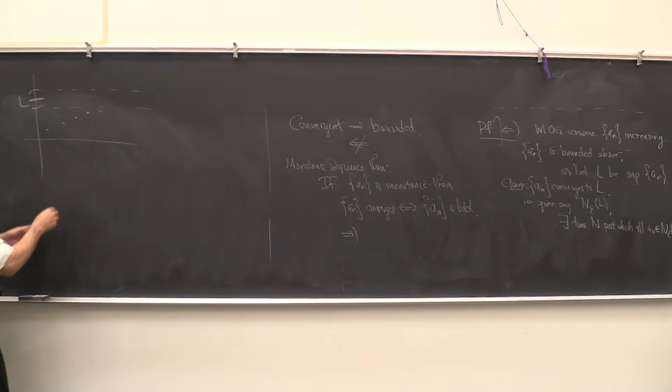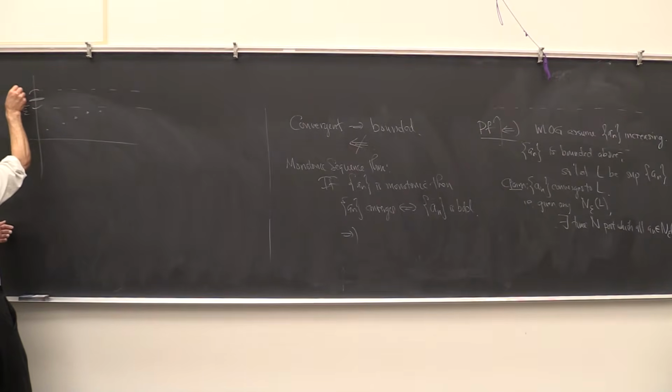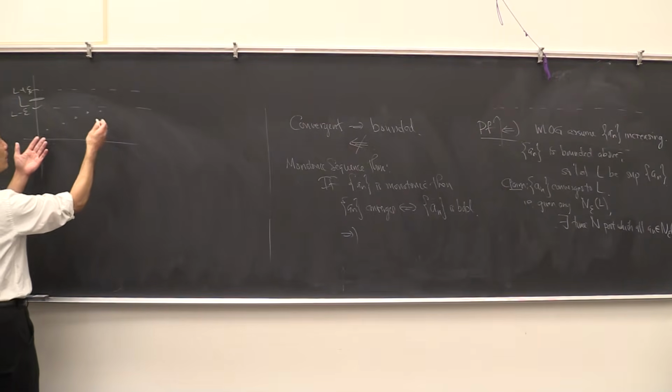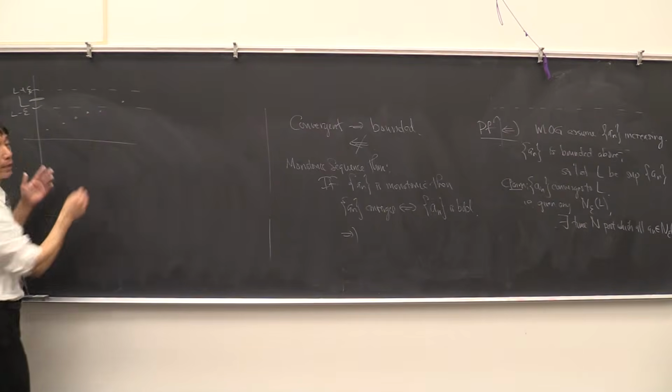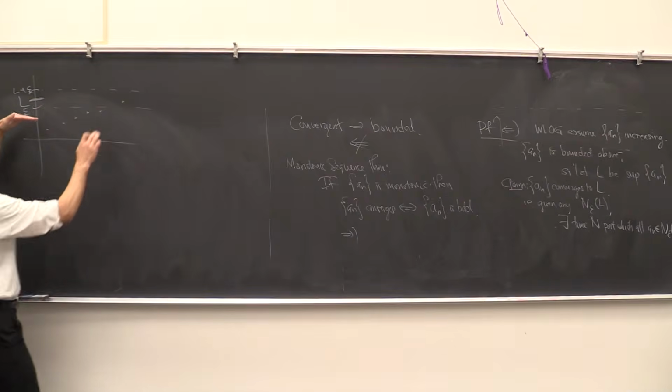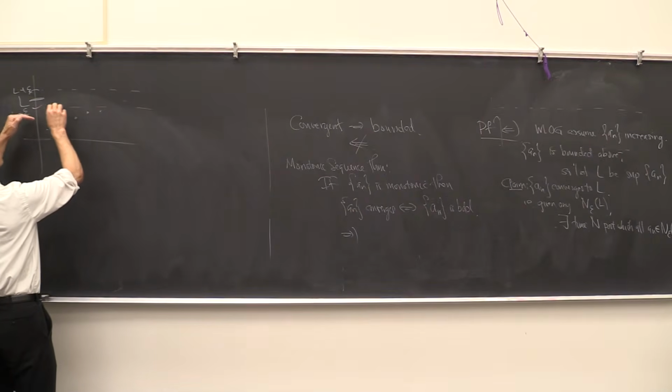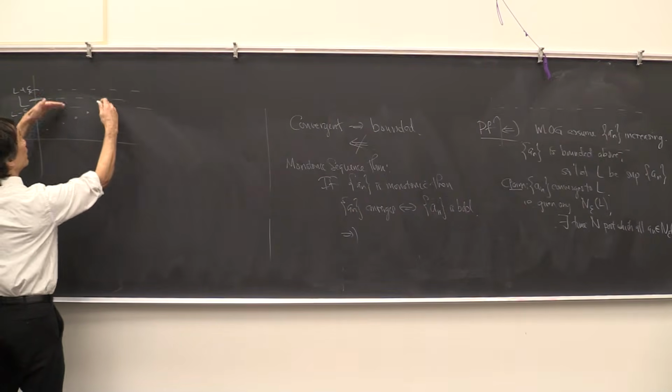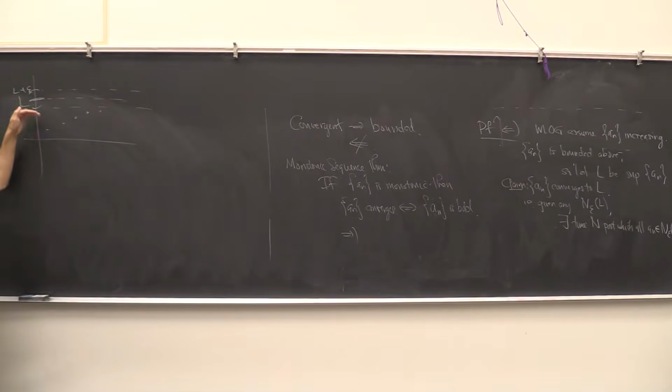Yes, right. One of these values has to be inside there. If there's no value between here and here, then L minus epsilon would be an upper bound for everybody.